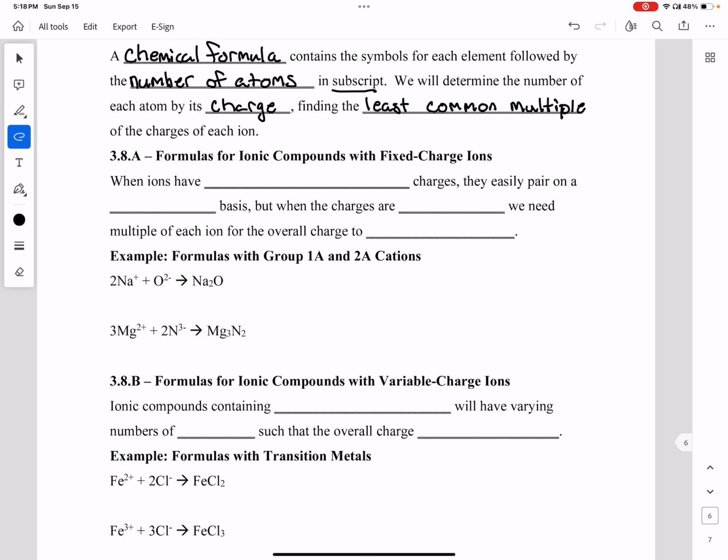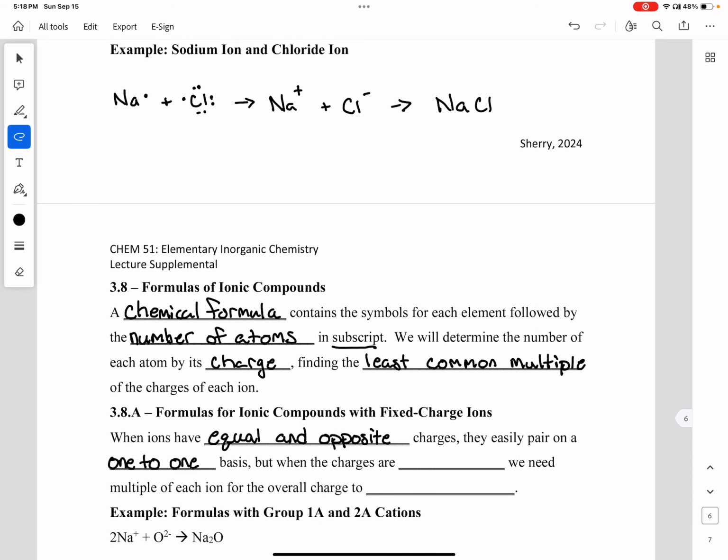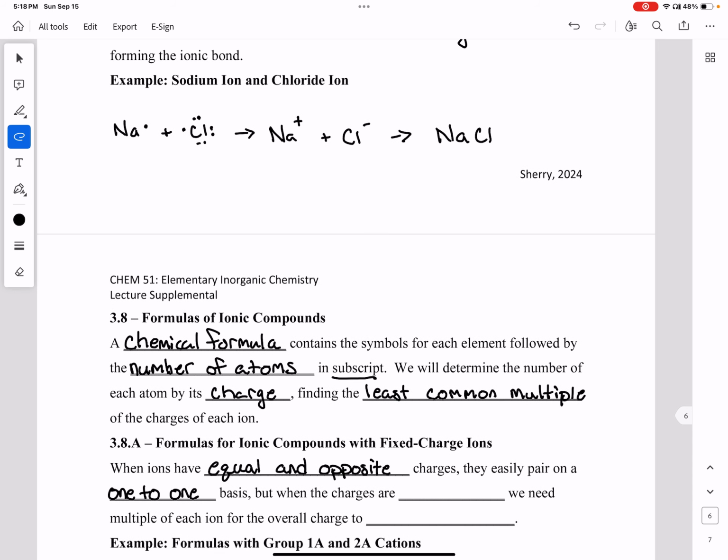Okay, so when ions have equal and opposite charges, they easily pair up on a one-to-one basis. Just like that sodium chloride that we looked at, one-to-one basis, plus minus.